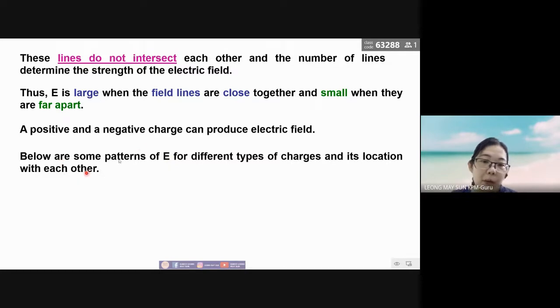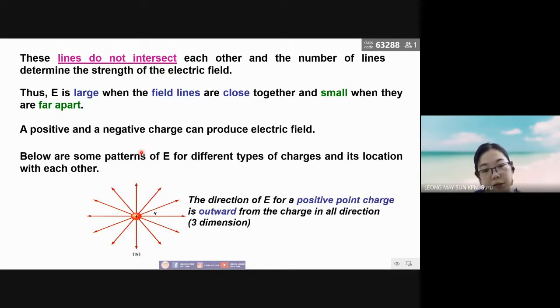So the below patterns are some of the electric field lines from different types of charges and their locations with each other. For a positive charge, we draw the electric field lines, please do make it a habit, from the positive charge itself, touching the charge, moving outwards.